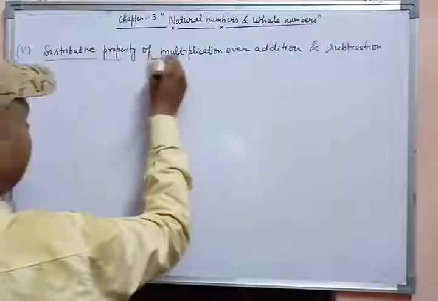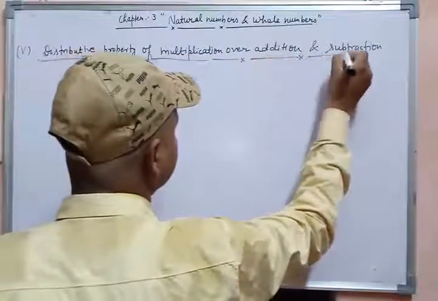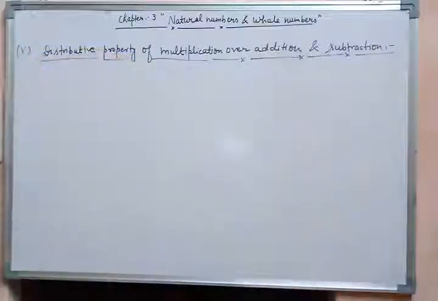So this is the name of this property: distributive property of multiplication over addition and subtraction.